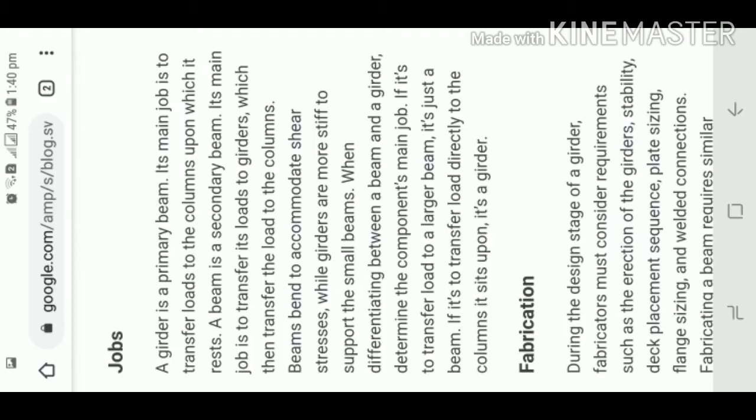The main purpose of the beam is to transfer the load to the girder. And the main role of the girder is to support the beam and distribute those loads to the column. So that is how your structural members work. It goes straight on: from the column, directly to the foundation or footing.